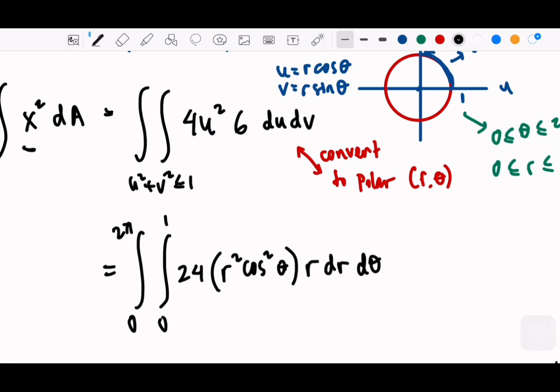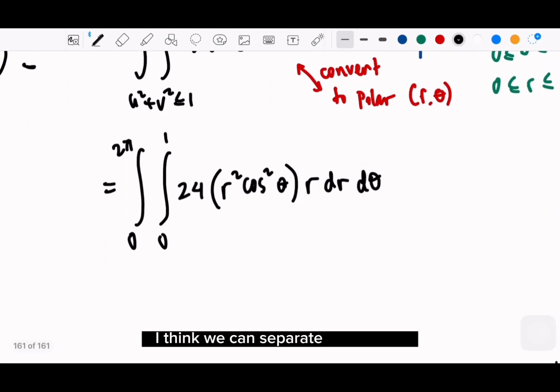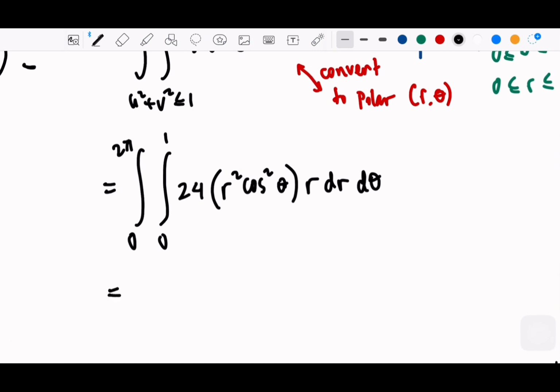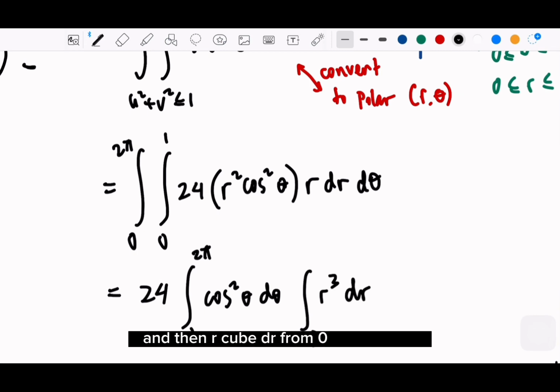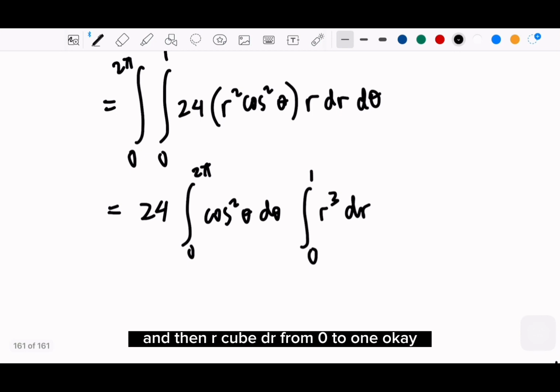Okay, I think we can separate r and theta. So let me write 24 in the front. Then the integral from 0 to 2 pi of cos squared theta d theta, and then r cubed dr from 0 to 1. Okay.